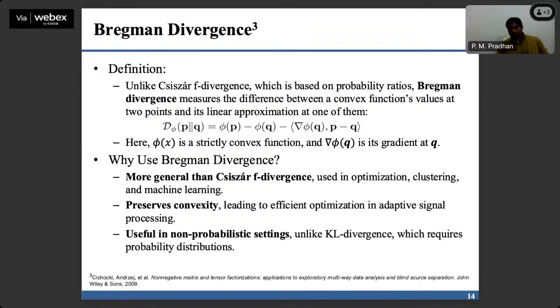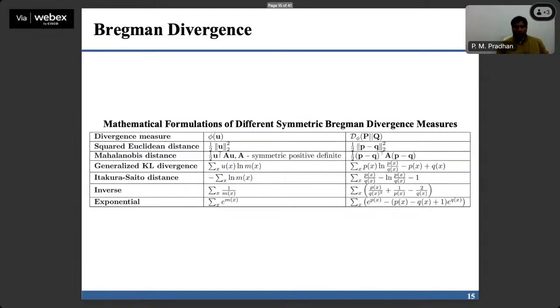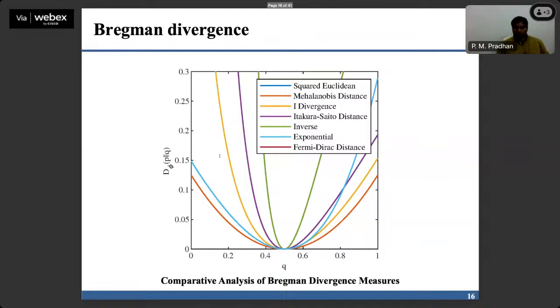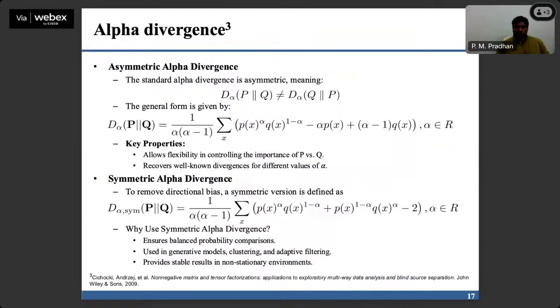So that is the reason that for non-probabilistic settings also, the Bregman divergence performs well. So again, a list of Bregman divergence measures, and similar plots for your Bregman divergence. Again, asymmetric alpha divergence, symmetric alpha divergence.